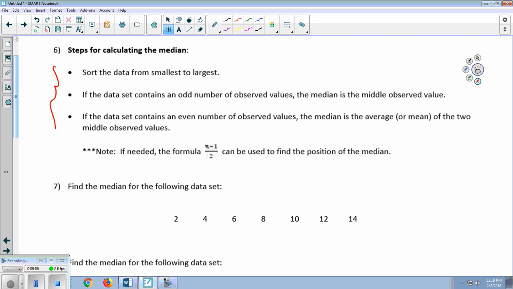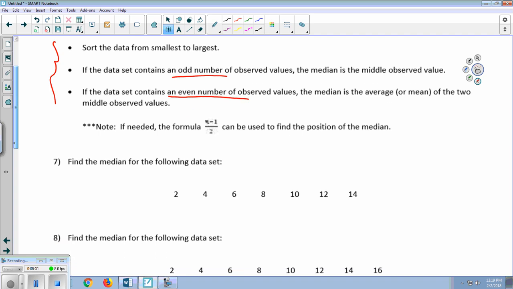If the data set contains an odd number of observations, the median is the middle observed value. If the data set contains an even number of observations, the median is the average of the two middle observed values. So let's go through and do an example.